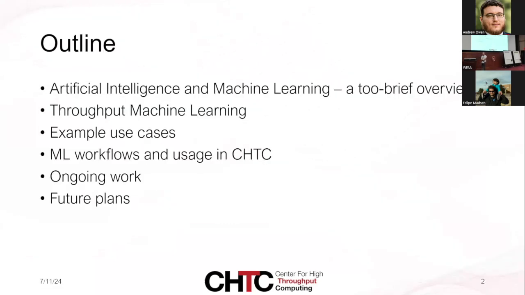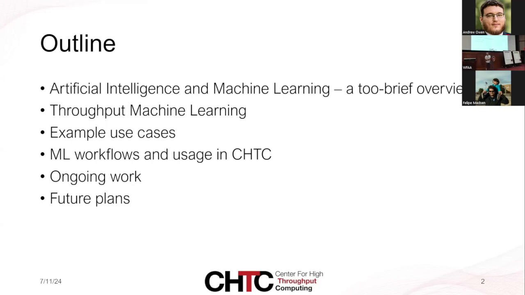So where are we going to go today? I'm going to give a comically brief overview of artificial intelligence and machine learning. I'm not going to stand up here and talk through transformer architectures or tell you why GPUs are so important, but I think it is important to do a little bit of level setting, especially given the recent explosion in LLMs and interest in this space.